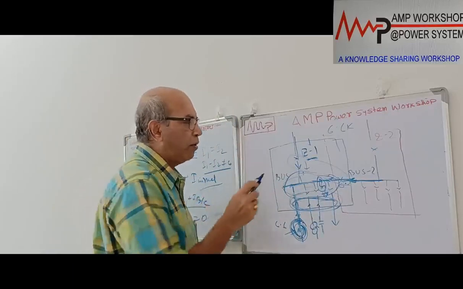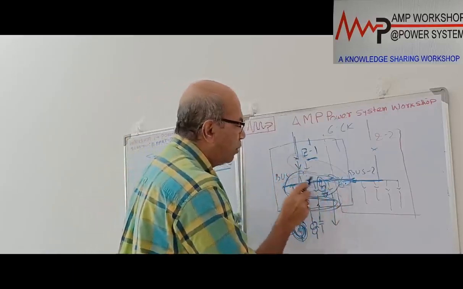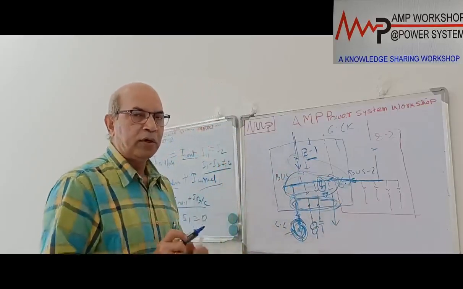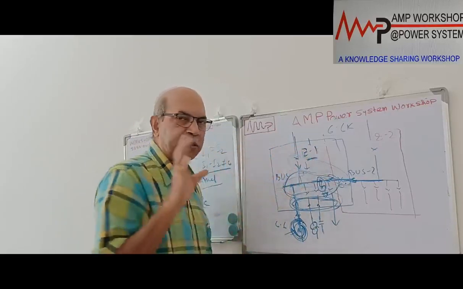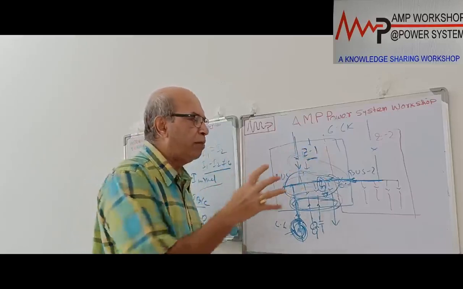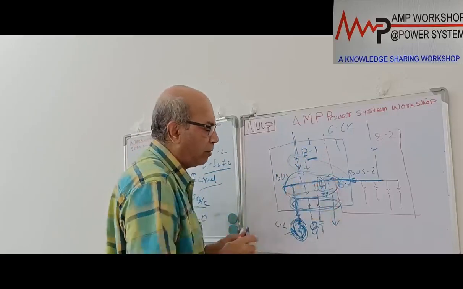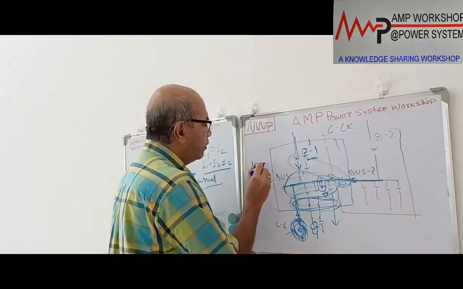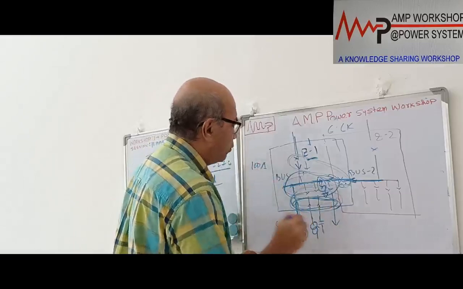In normal condition, we sum these two currents, and we put the relay setting in such a way that it will be more than the sum value. Normal condition, whatever the load over here, suppose the total load is 100 ampere going by all the loads.